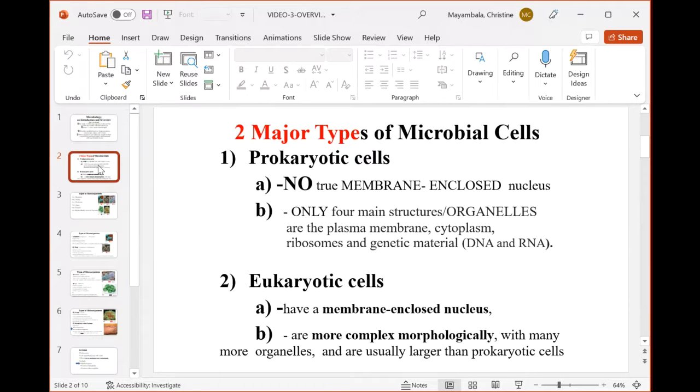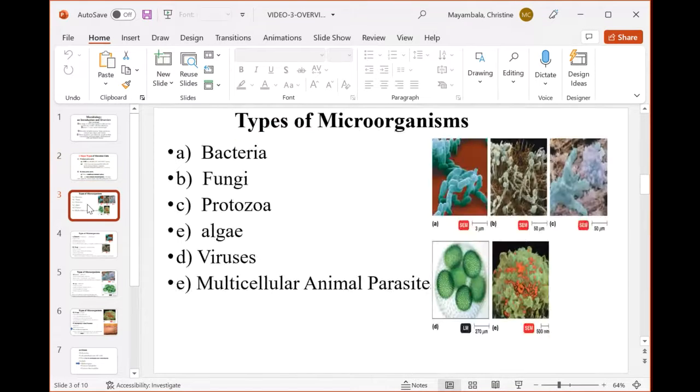You can see again how the structure of these microbes is going to play a role in infectious disease as well as infectious disease treatment. This third slide is just giving you the general groups, types of microorganisms we're thinking of when we're looking at microbiology, especially when we're talking about infectious, medical, or clinical microbiology.